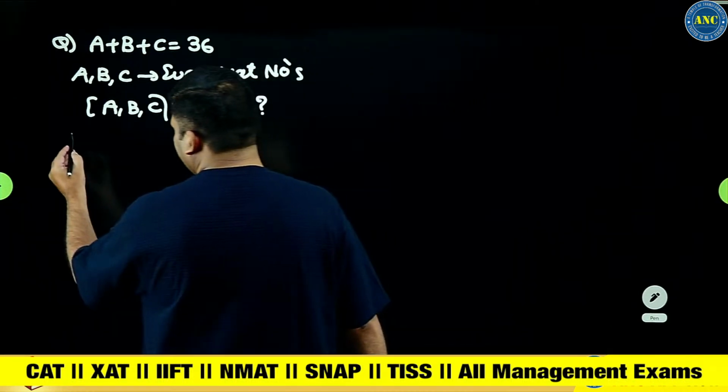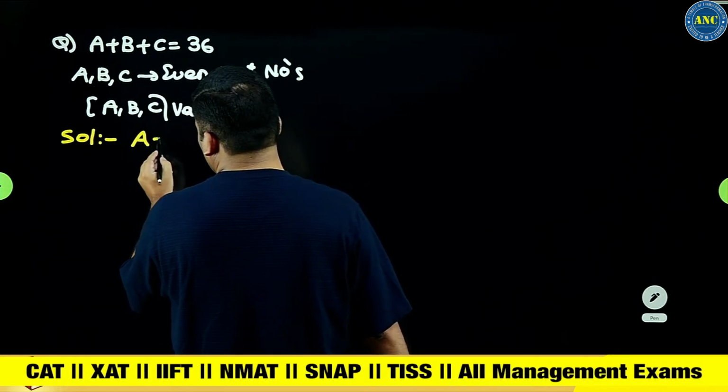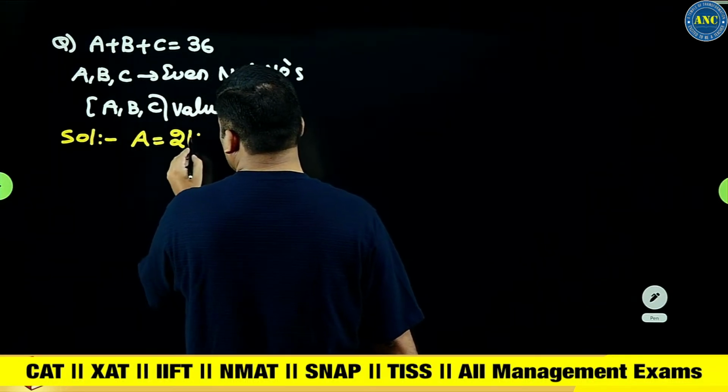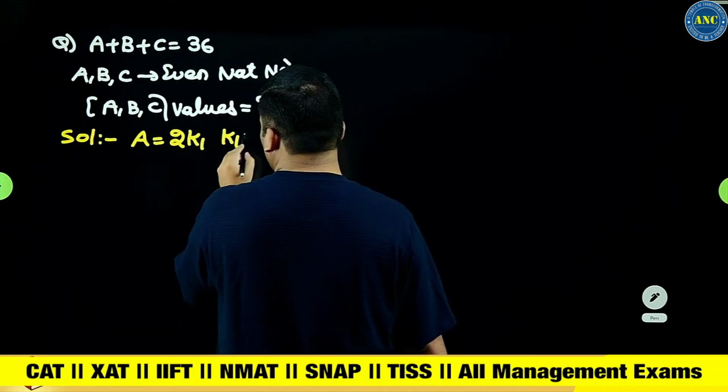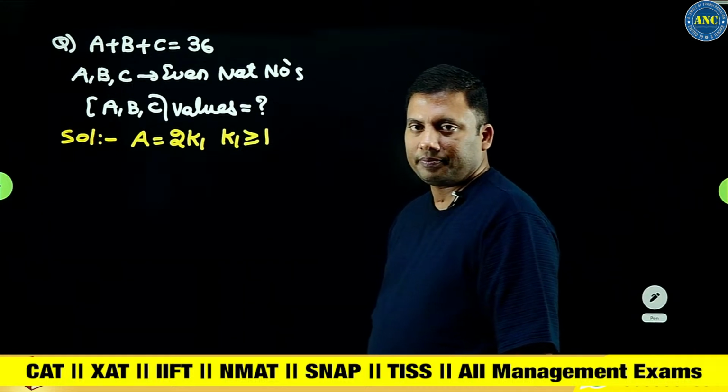First think. A, B, C are even natural numbers. Any even number is divisible by 2. Make the variable start with 1. The lowest even number is 2.